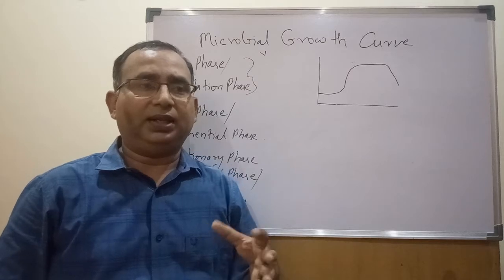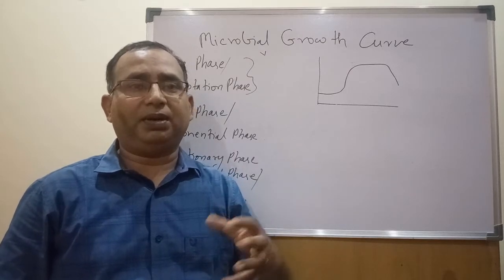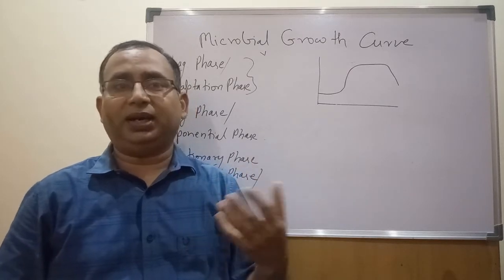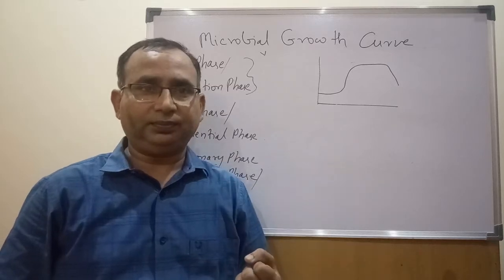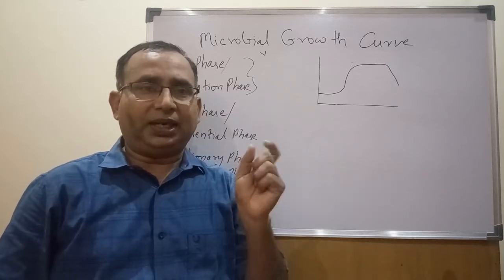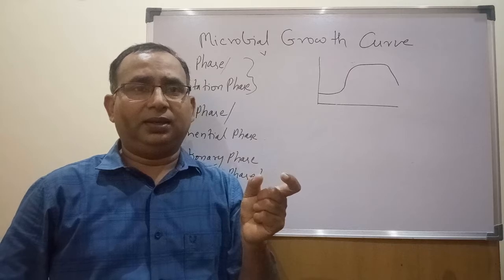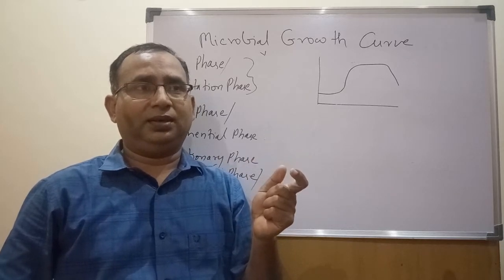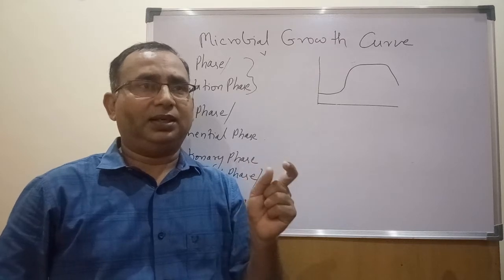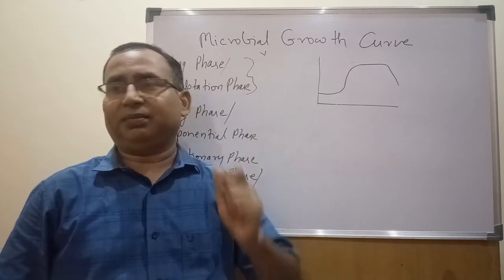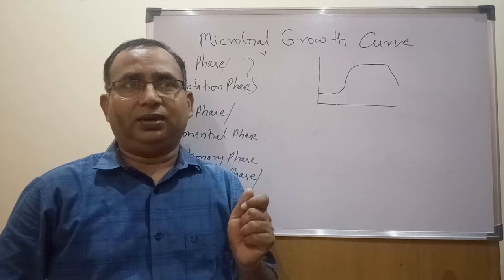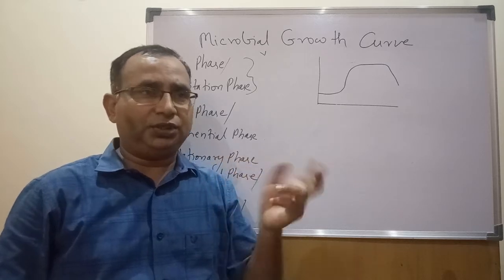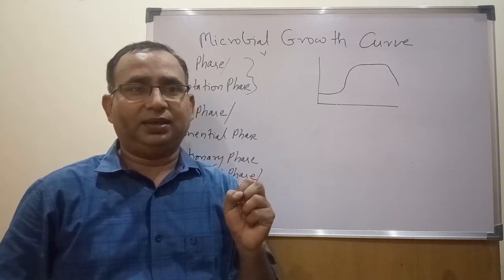We know it well that microbes have tremendous capability to divide themselves. The time duration required for division of the microbial cell is called generation time. For microbes, this generation time is very less.